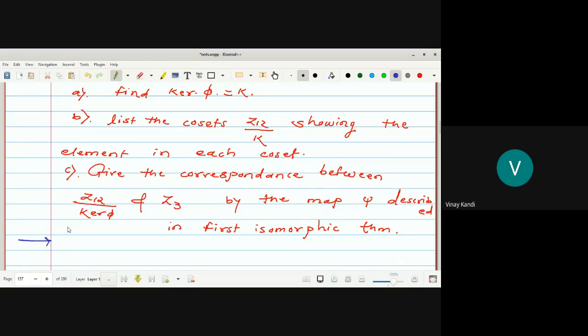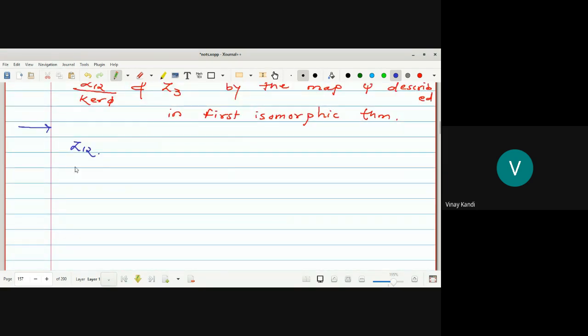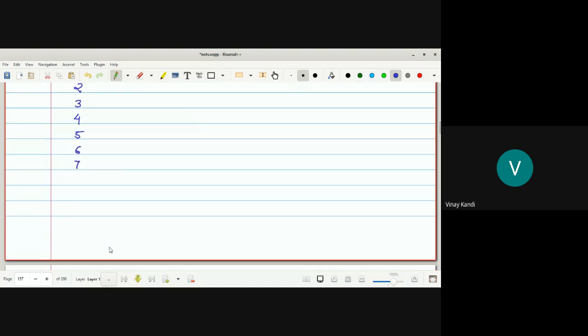Okay, first write down what is Z12. Which elements are there in Z12? 1, 2, 3, 4, 5, 6, 7, 8, 9, 10, 11, 12 means 0. Okay, is it correct?